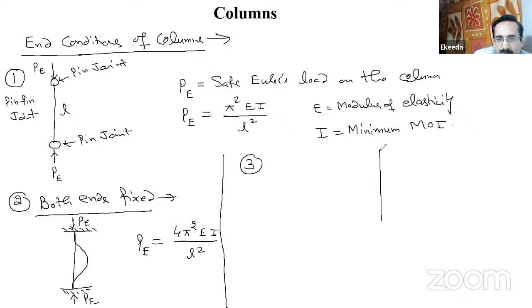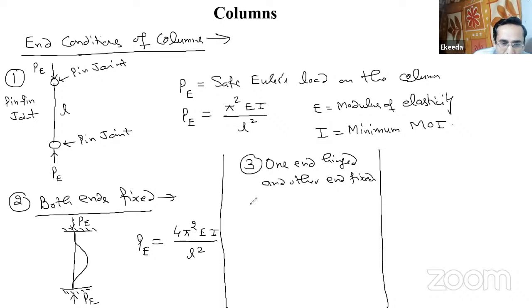In the third case, one end is hinged and the other end is fixed. So here, suppose this end is hinged and the other end is fixed like this, and load PE is applied.